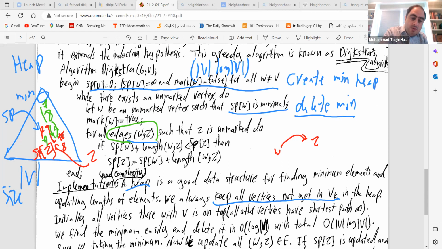For each edge, while we are doing that, we are updating the heap. And this one, as I discussed, is very similar to insertion, so that would be order log V. We will update it, then find the next vertex; any vertex for which we have now found the shortest path, where SP is minimal, we delete it from the heap and add it to VK.